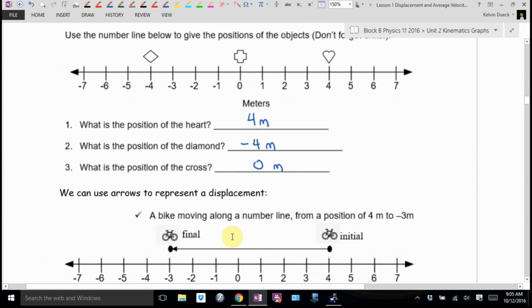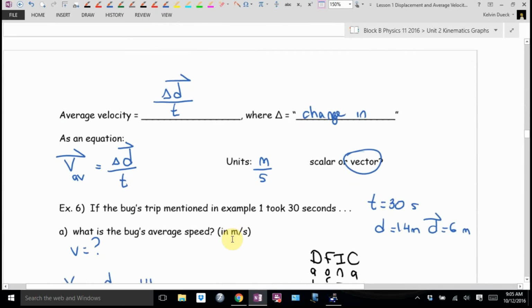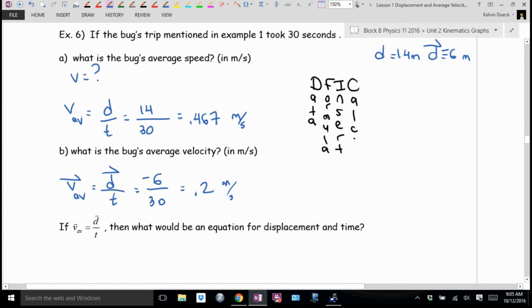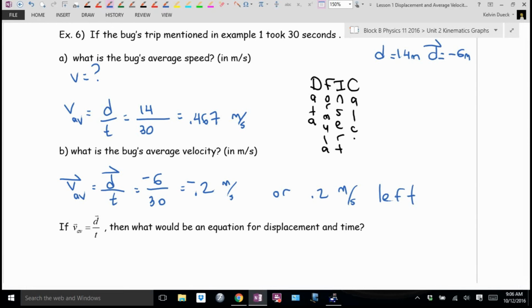In fact, I wrote down my data. It was -6 meters. I should have put a -6 right there. So up here, let's make that a little better so that the negative is separate from the equal sign. -6 meters. And so I could either say that, or I could say 0.2 meters per second left or west. You know what? I didn't define whether east and I just left it on the piece of paper.